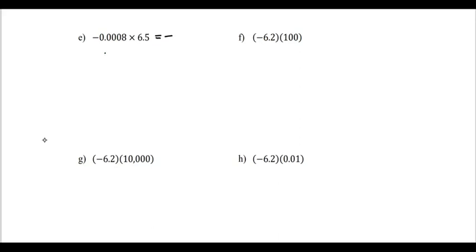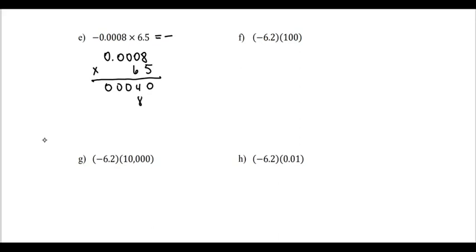No. 0.008 times 6.5. It's easier to start with a longer number on top. Okay, so 5 times 8 is 40, and then you have 3 zeros.